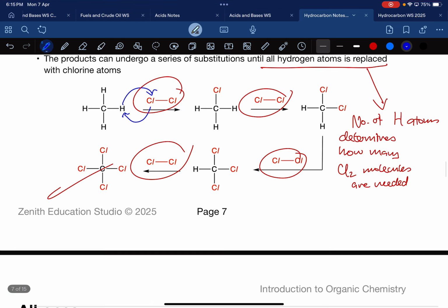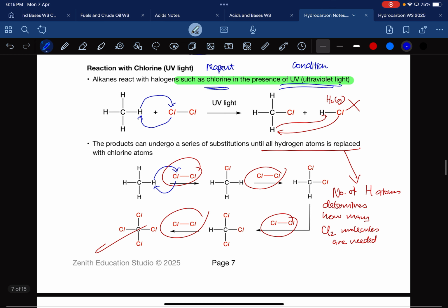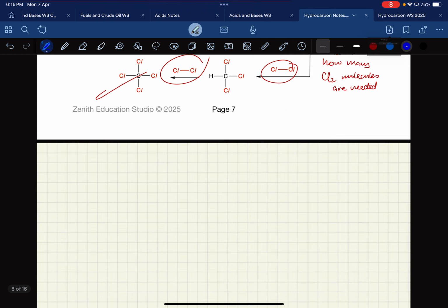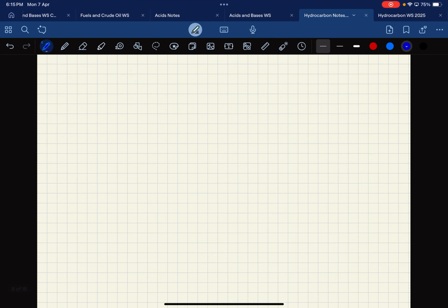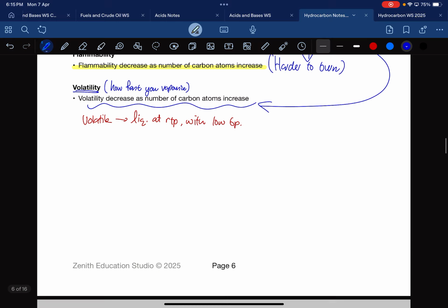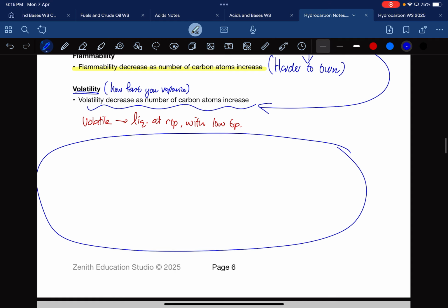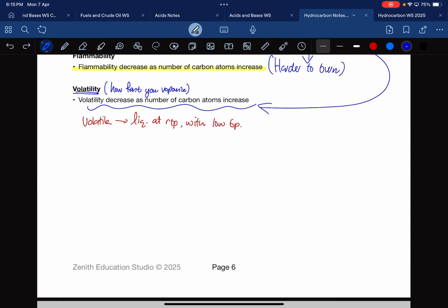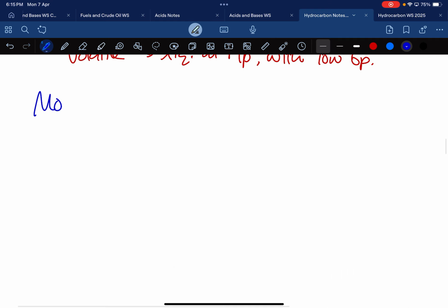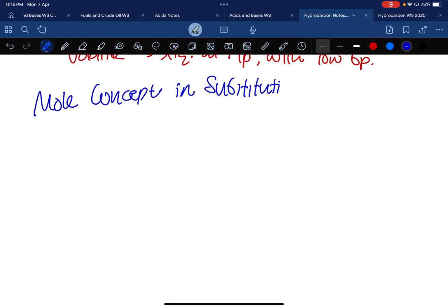Now, with this in mind, I will point out something. I'm going to add a page. Use the bottom part of the physical properties page. Here's what I'm going to write down: when we bring in the mole concept, your favorite topic, mole concept in substitution reaction.